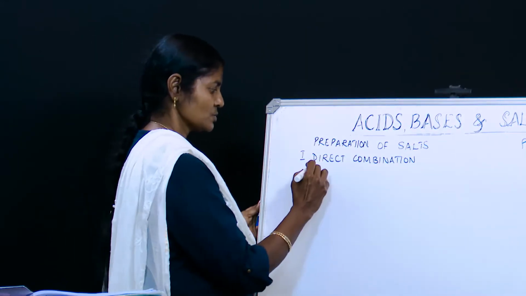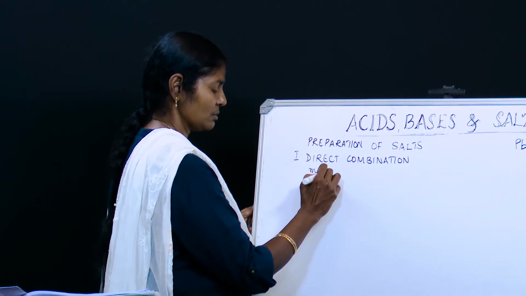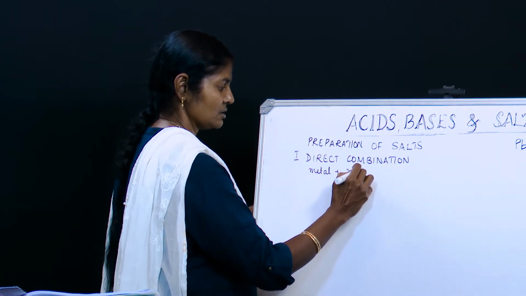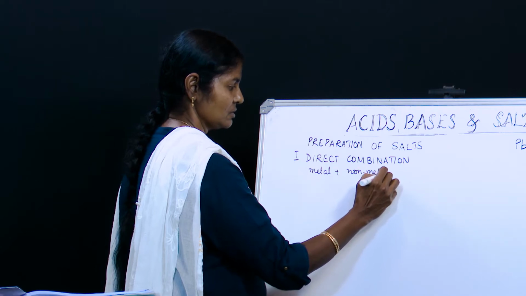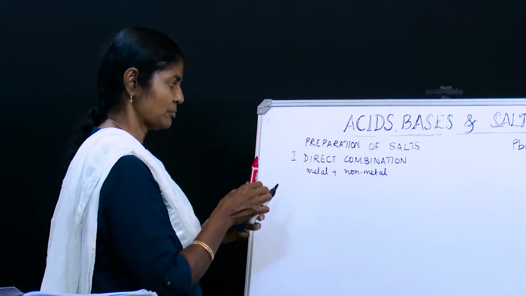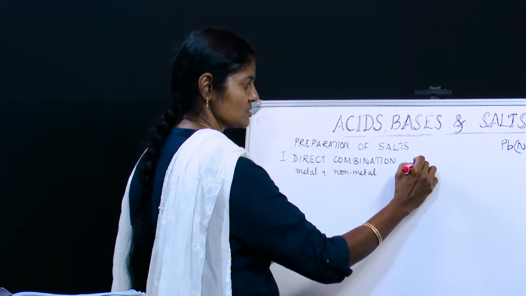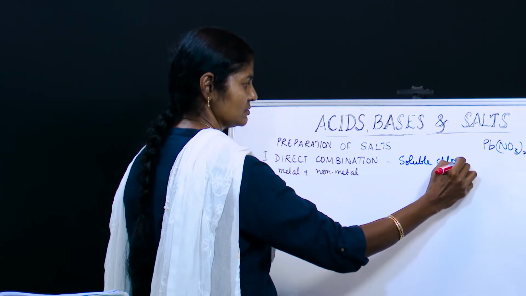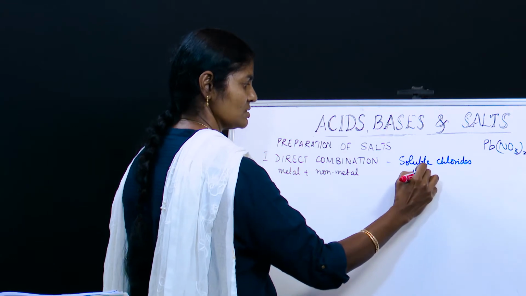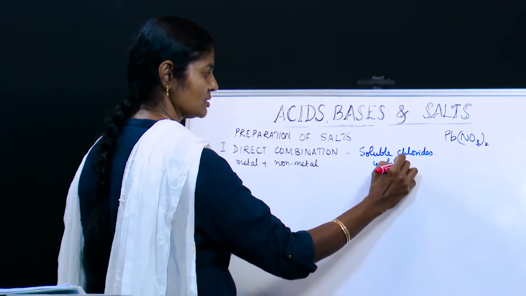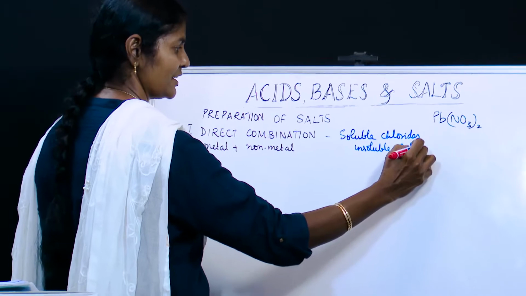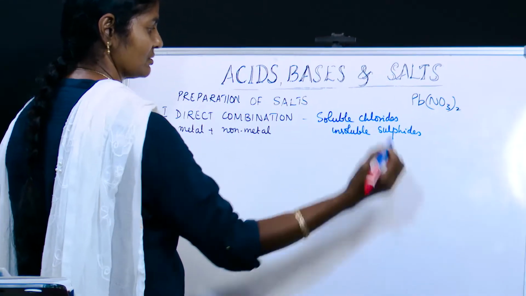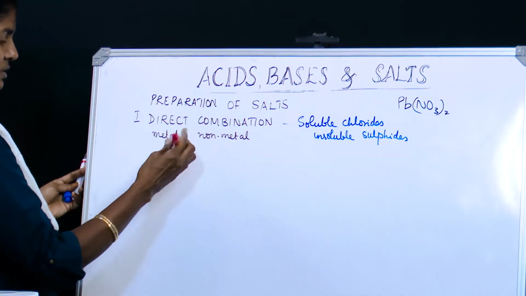This usually happens with a metal plus a non-metal, and the salts that are prepared in this way are soluble chlorides. Also some insoluble sulfides are prepared.